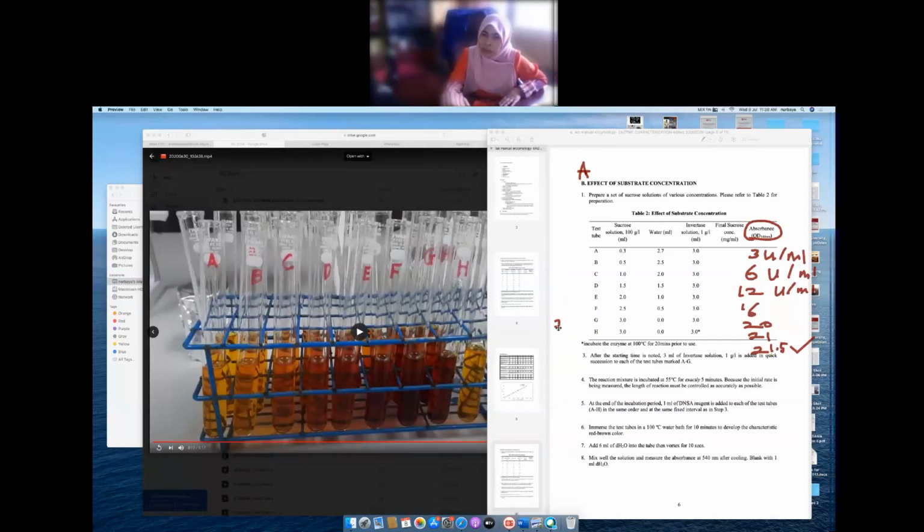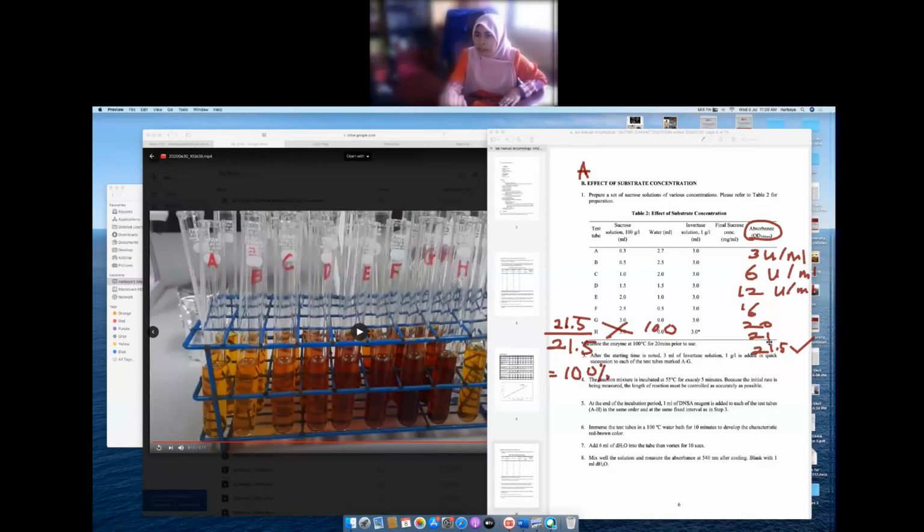So now we go back to this one. We have 21.5. We need to divide by the highest activity, which is 21.5, and then multiply by 100. Then we get 100% because this is the highest activity.